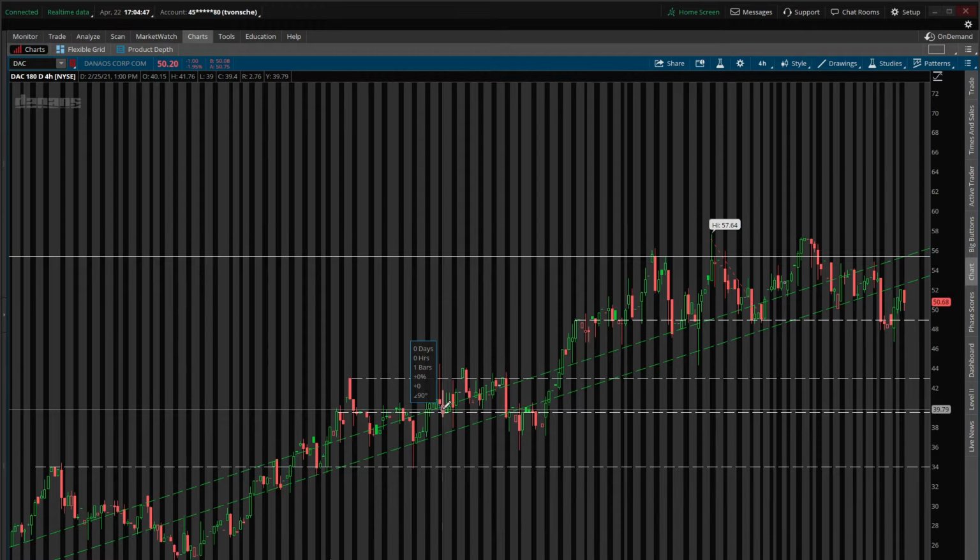So if you had played this one perfectly from when the last video came out, got in that day and got out at the high, you would have seen about 45% upside. It's pretty good. As far as where we are right now from that time, it's about 27.5%. So either way, pretty solid growth over the past 2 months for this name.